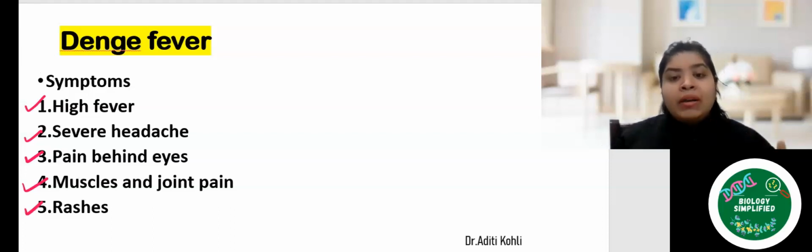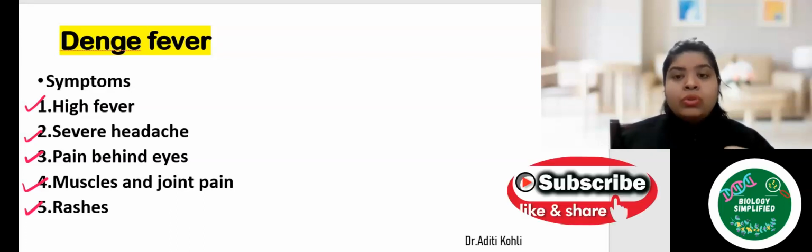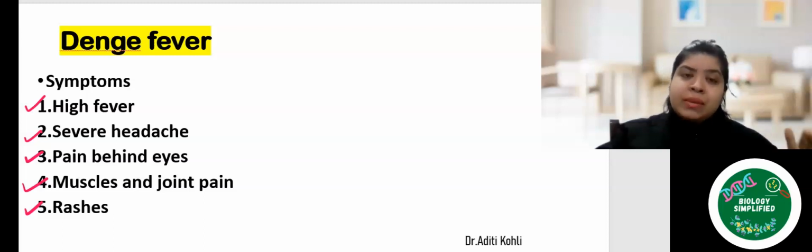People who have a weakened immune response, and also those who have a second or subsequent dengue infection, are believed to be at greater risk of developing dengue hemorrhagic fever. This is going to last for around 10 days before it finally subsides in the patient.